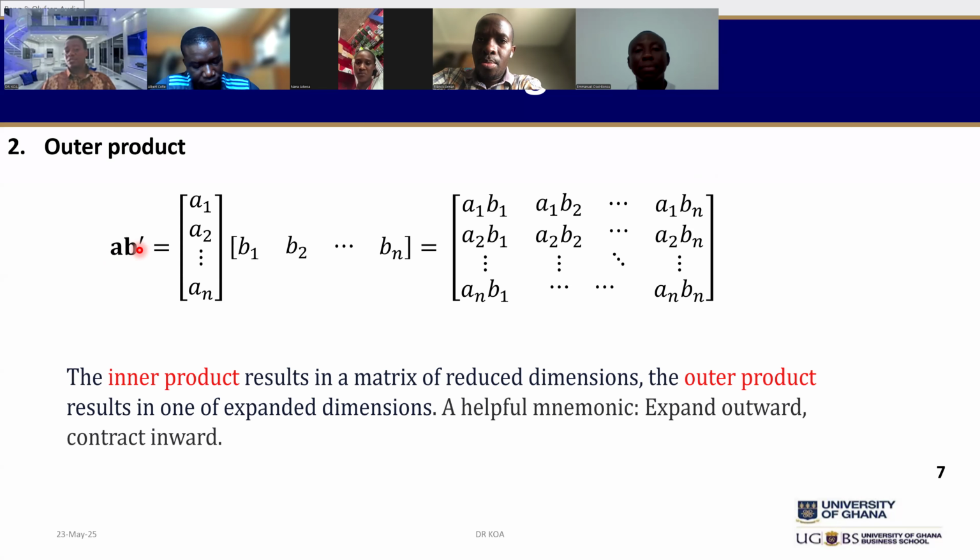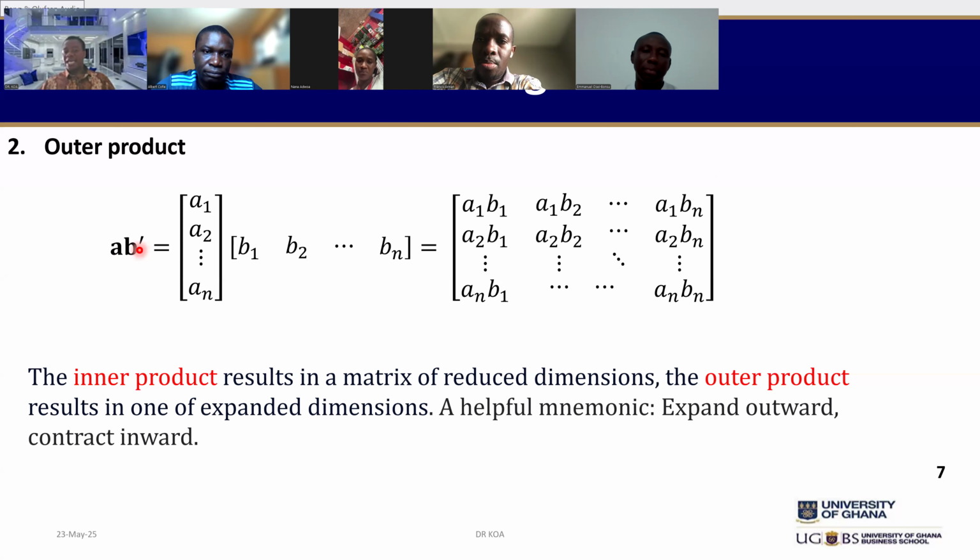The inner product, the first one we looked at, will lead to a matrix that has reduced dimensions, whereas the outer product will lead to one of expanded dimensions. To remember it, you contract inward the inner product and expand outward the outer product. It's very important to understand it because at some levels of econometrics you have to appreciate the inner product and the outer product.